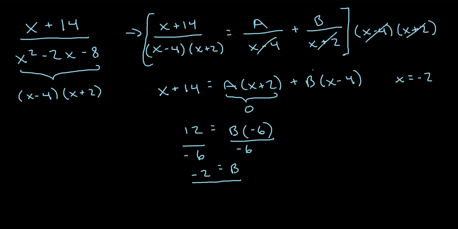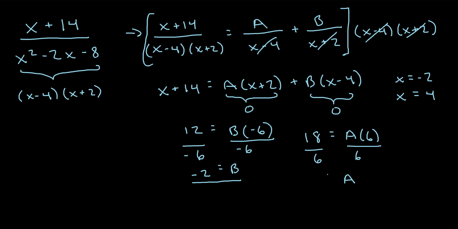And we can do the same thing to solve for a. If we chose x is equal to 4, this whole expression would become 0. So we would get 4 plus 14, so that's 18, is equal to a times 4 plus 2, so that's 6. To solve for a, we can divide both sides by 6, and a is equal to 18 divided by 6, which is 3.